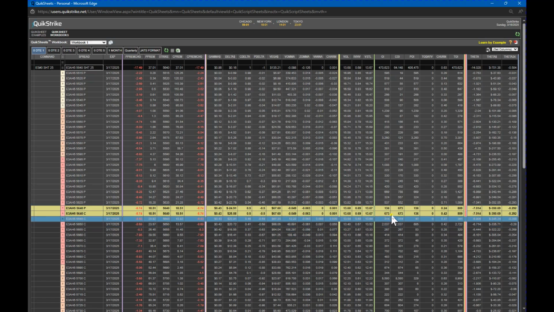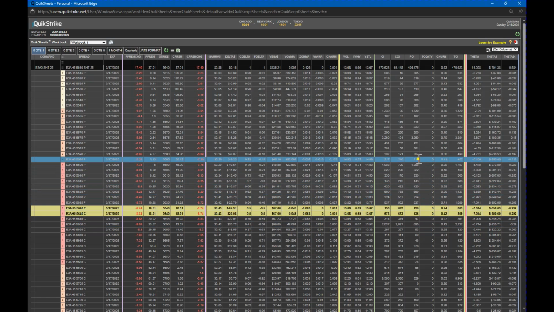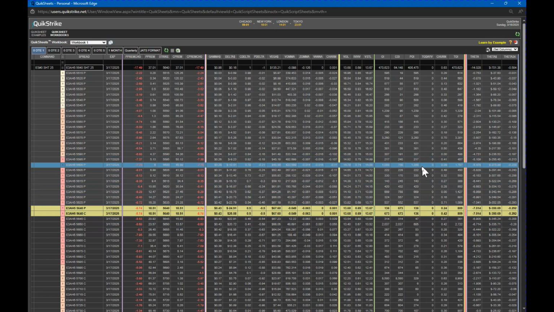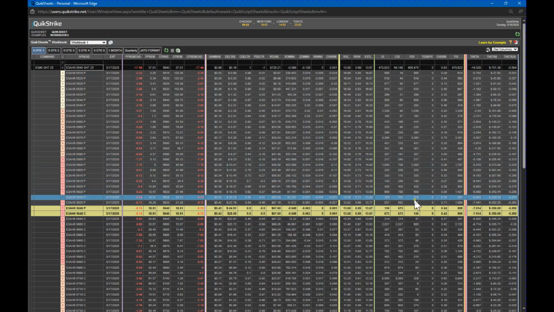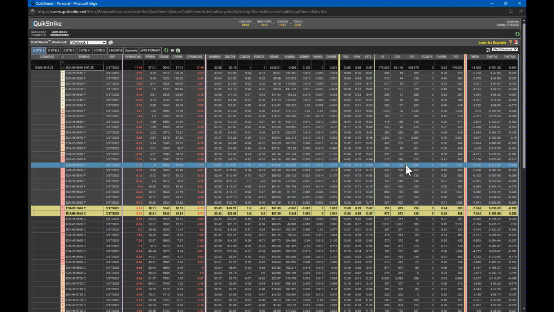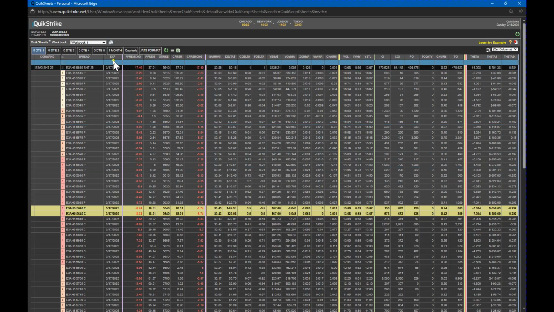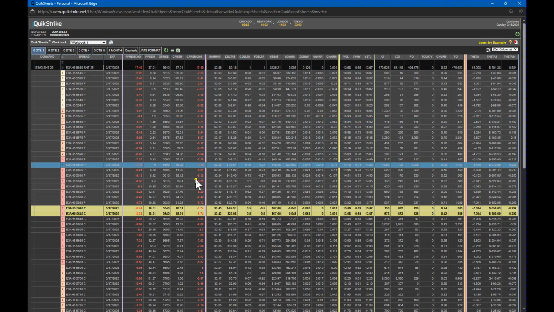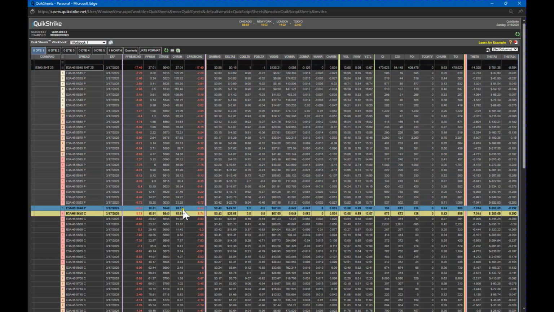So you can look up this put chain and see the next put level is at 5,600. But if we were to take that 74 premium that we're expecting for the daily range and subtract it from the premium that we closed at, 1851, right?